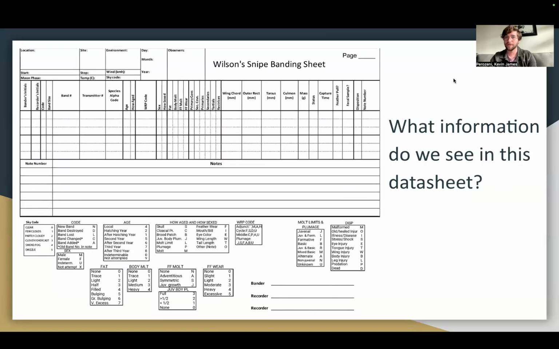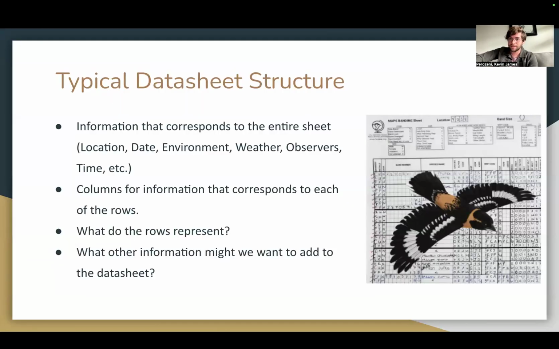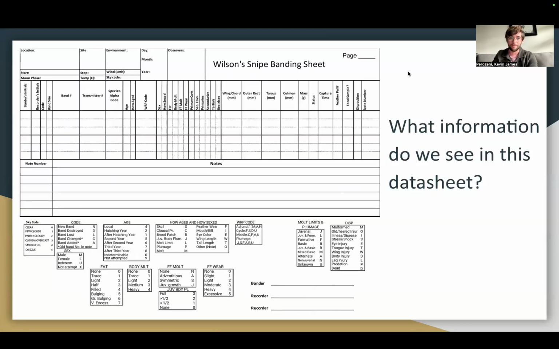So here's my Wilson's snipe banding sheet, and what information do we see on this data sheet? Well, it probably mirrors some other bird banding data sheet, like the one we used out at bird banding. We'll have a spot for band number, a spot for bander initials. We have things that work with all of the detections or all of the individuals banded on this sheet, like our location, our site, how many observers.